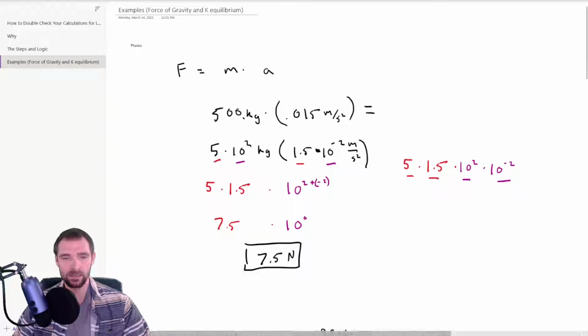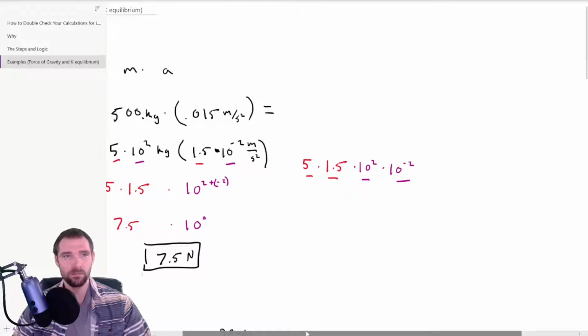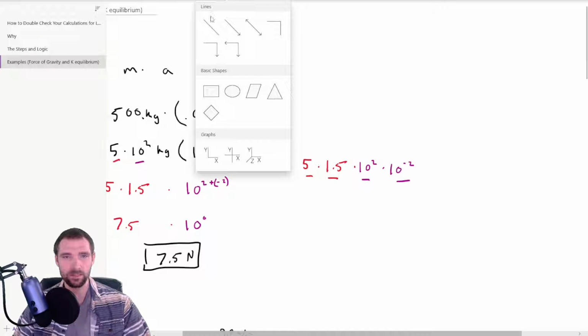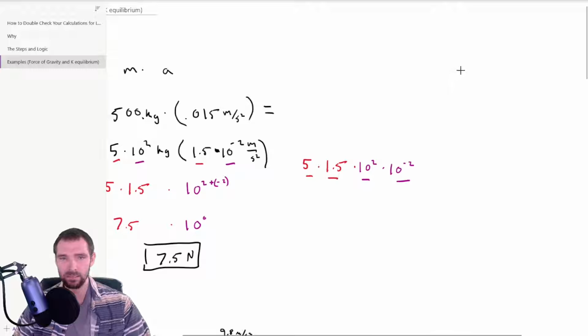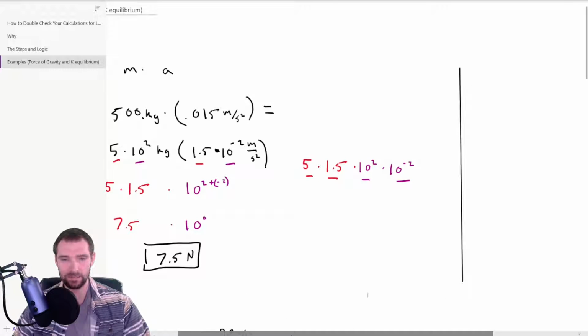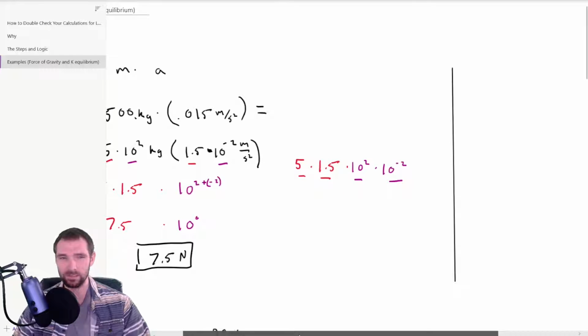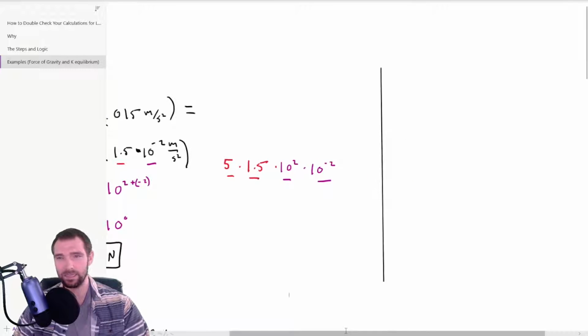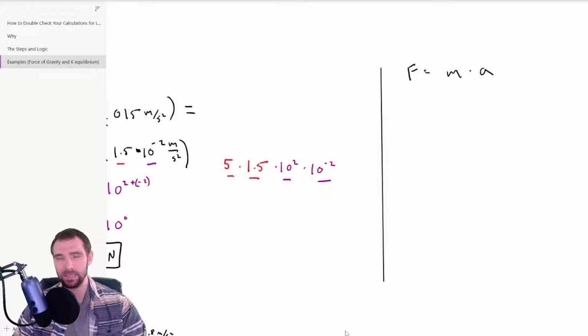Let's try and do a different problem, but it looks very similar. So if we, instead of doing those numbers, maybe we had some weirder numbers that you're not so familiar with. Maybe we had F is equal to m times a.